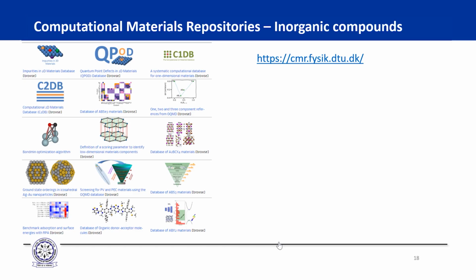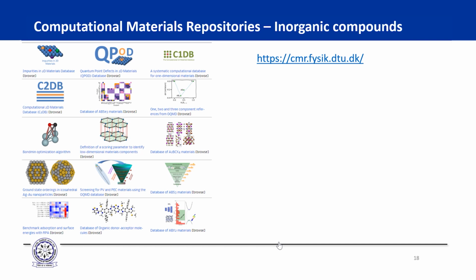I'm going to go through them very quickly, so that you have an idea. I'm not going to get into the details of all of them, but you have a Computational Materials Repository page, which is maintained by the Technical University of Denmark. And here you have links for lots of different types of data which you can look up.